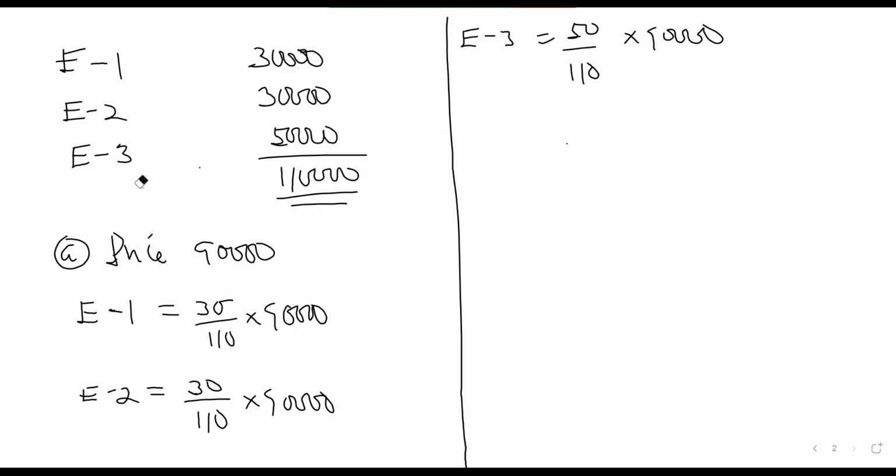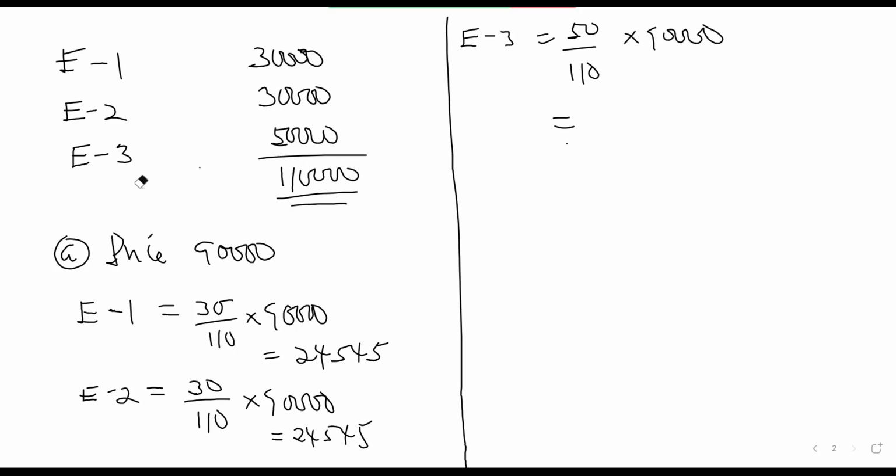What are you getting for each of them? The first one is 24,545. Okay. The second one will be the same price, isn't it? 24,545.